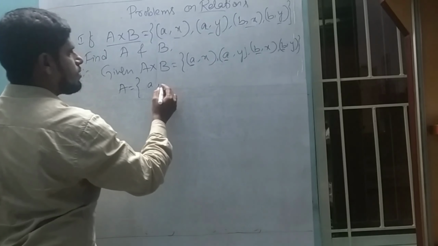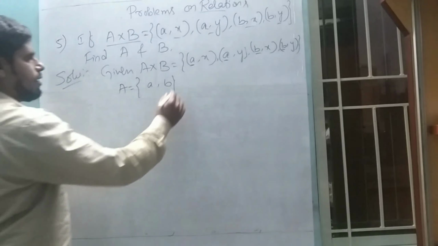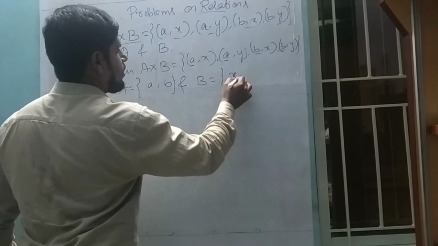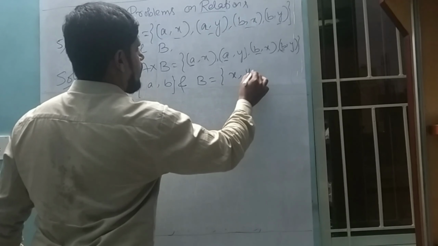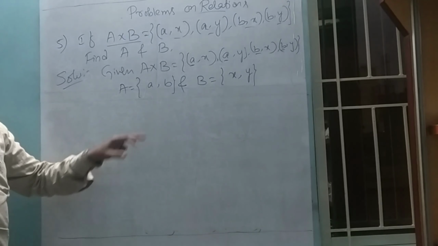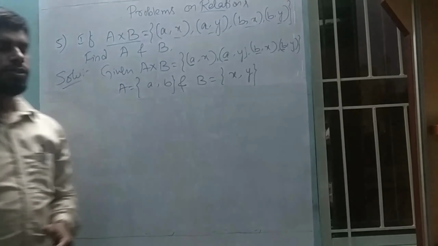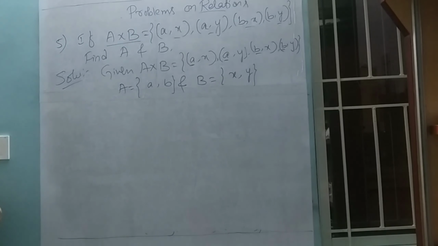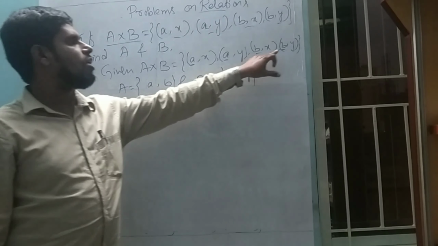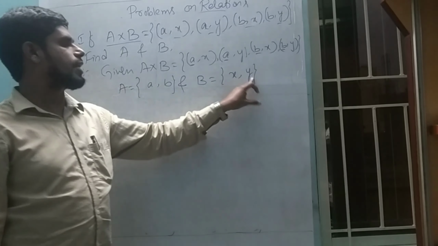This is our set A, and my set B is the second elements, x and y. These are the two sets here. Because if I take the Cartesian product of these two sets, definitely I will get this much. So this is how we find the sets if Cartesian products are given. That is, every first element of an ordered pair belongs to the first set and the second elements belong to the second set.